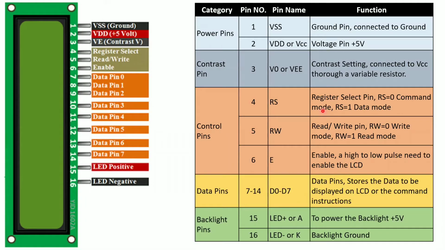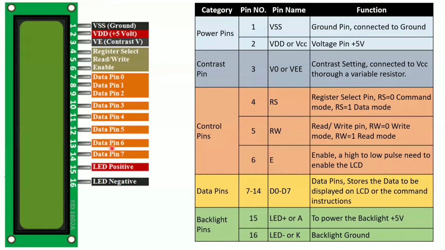So I told you, whenever you want to send data, before that you will send the commands first. How will you send the commands, in which lines? There are data lines. We can see there are data pins for this LCD display, right? You send the commands in these data pins itself. After sending the commands, you will send the data.